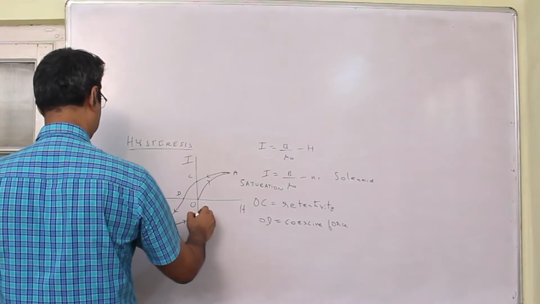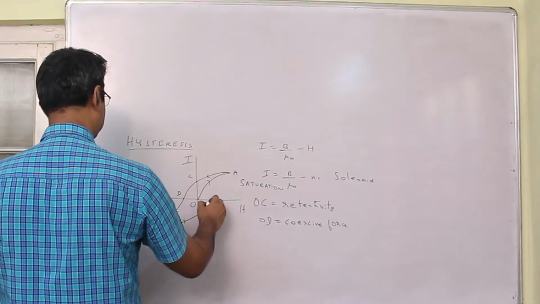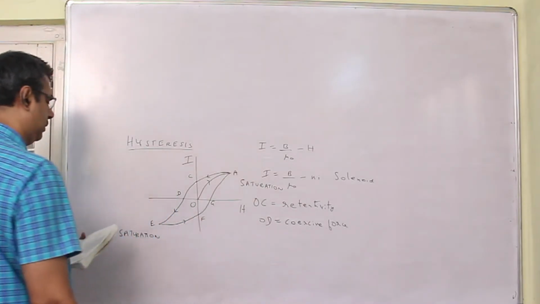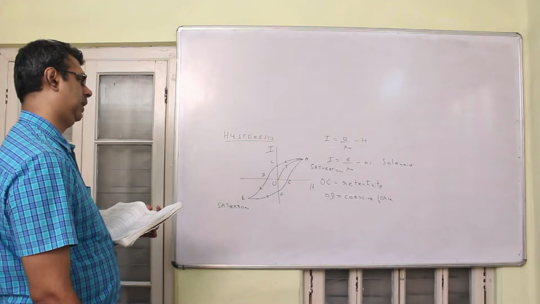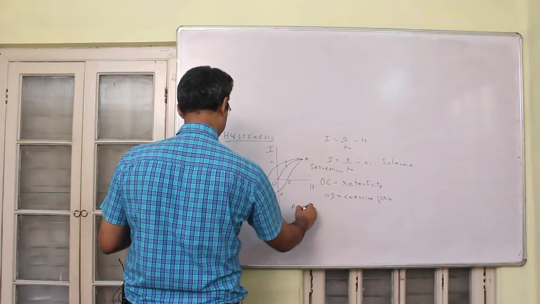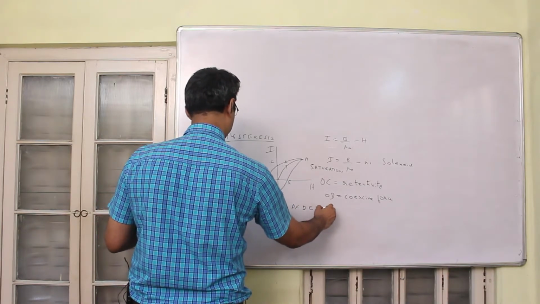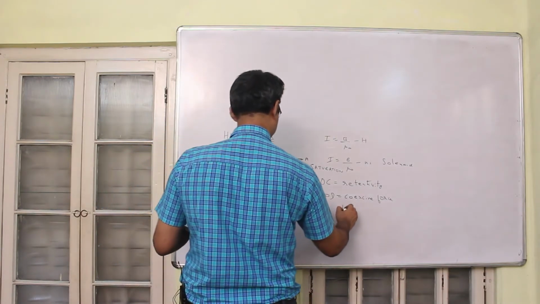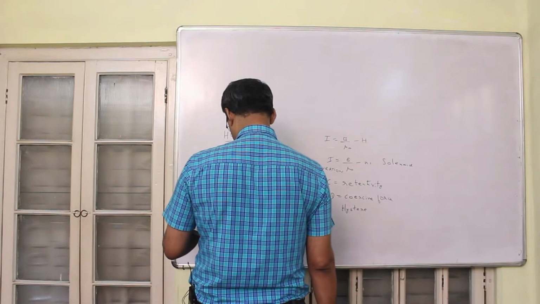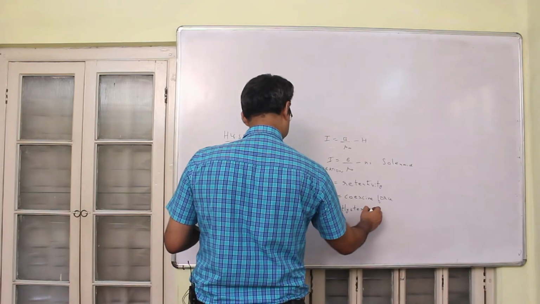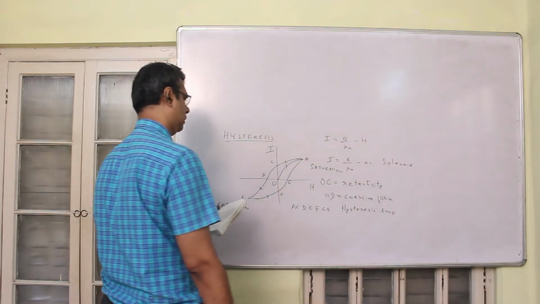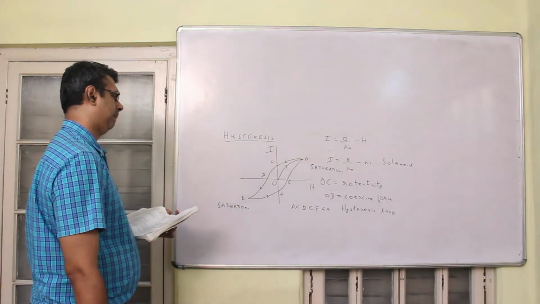And from F onwards, again you increase the current in the original direction, and you will see that the graph will follow the path FGA. So this entire loop which we have drawn, that is A, C, D, E, F, G, A, is called the hysteresis loop.